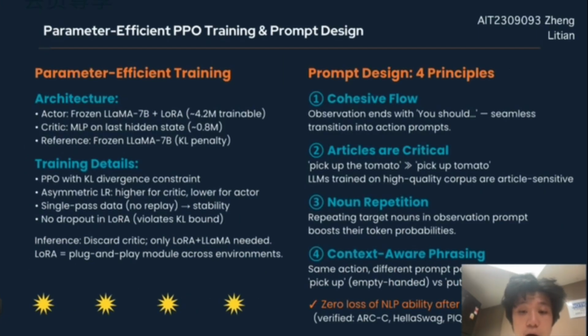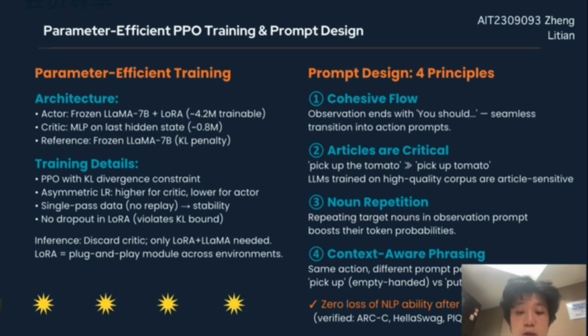The last part of the methodology is the PPO training and the prompt design. For training, TWOSOME uses a frozen LLaMA 7B model with LoRA adapters, updating only a small number of parameters. A lightweight MLP serves as the critic, and PPO is applied with a KL divergence constraint.